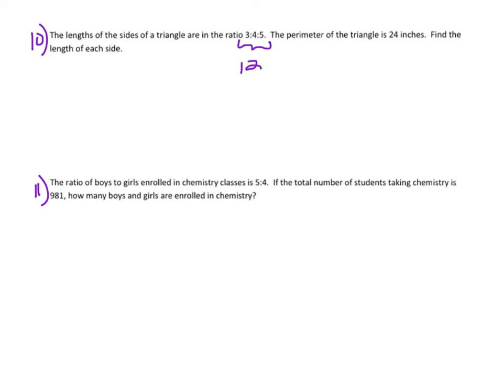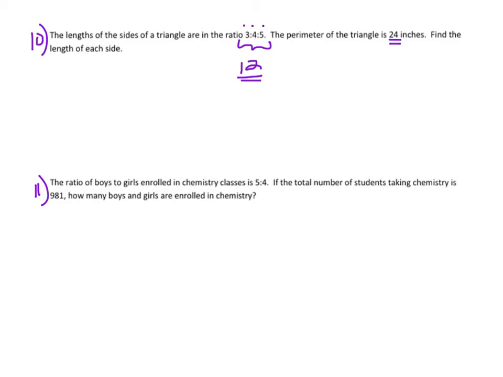So one side of the triangle is the 3, one's the 4, and one's the 5. If the triangle perimeter was 12, the side lengths would be 3, 4, and 5. The triangle is 24, so there are a couple of different ways to do this.